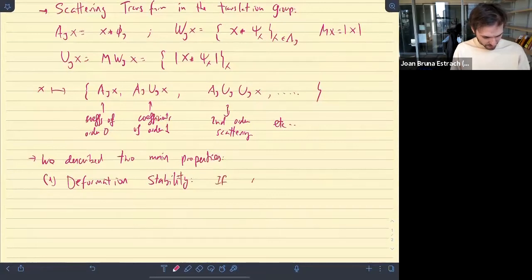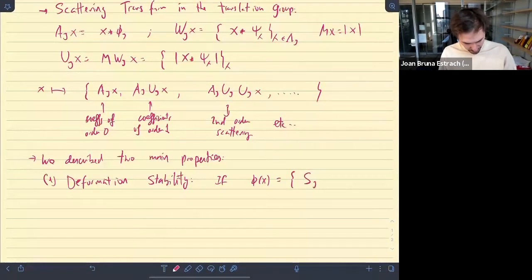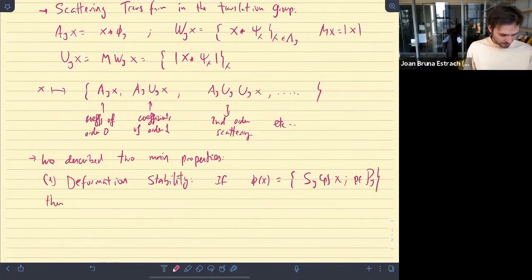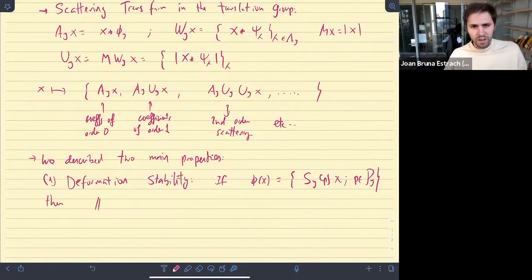So if Phi of X was the collection of all the scattering coefficients for P that is in this set of all paths, up to order M, right? So basically, in the previous description here, you take all the coefficients up to a certain order, so you repeat this process a finite number of times. That's the number of times that is M.